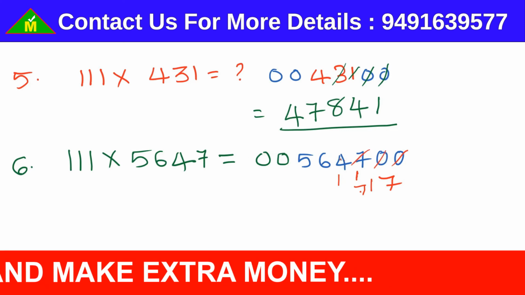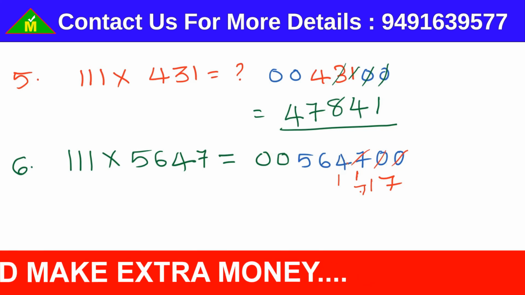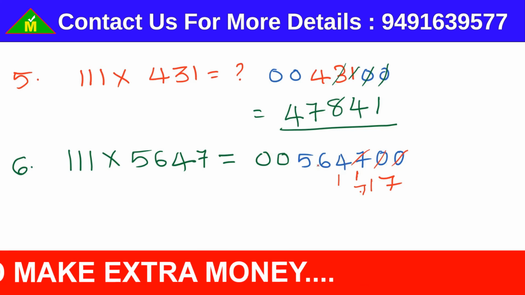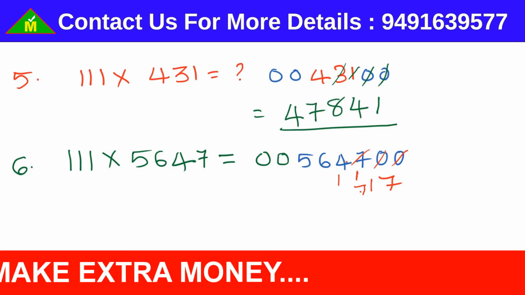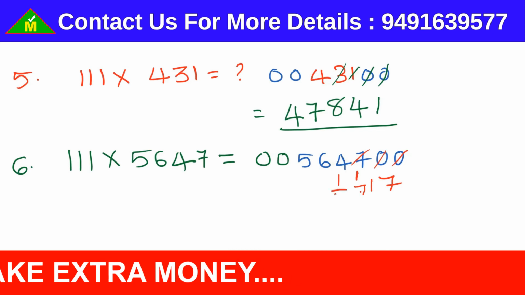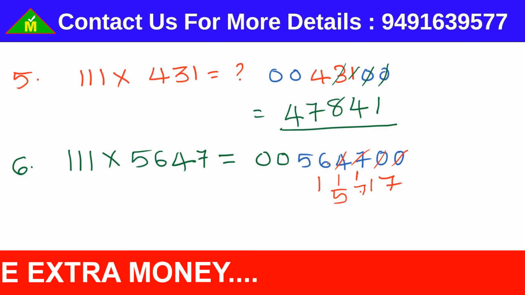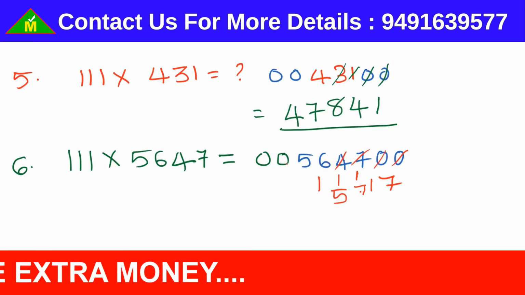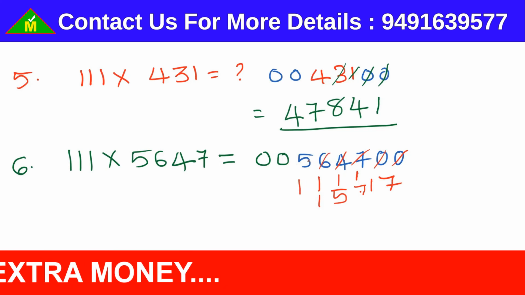Next, 4 6 8, 4 6 5 is 15, 1 carry. 6 5 0 is 11, 1 carry. Next 0 0 5.